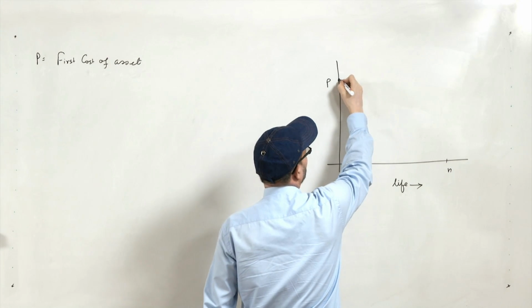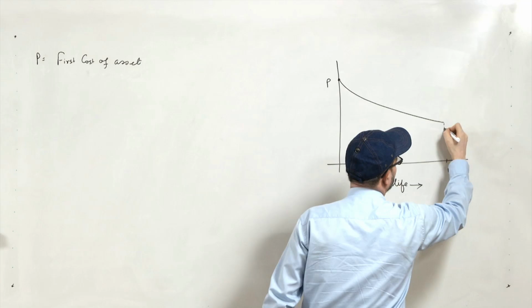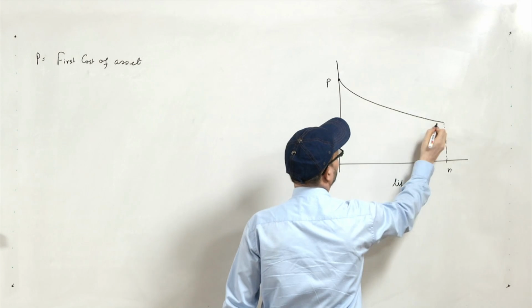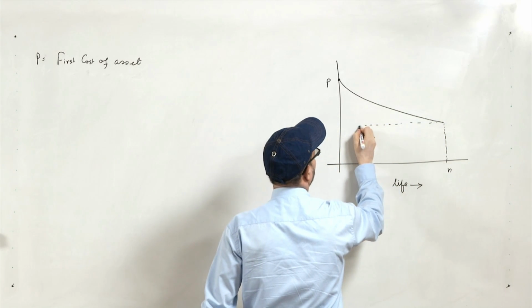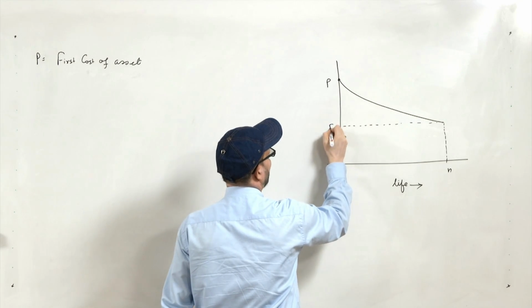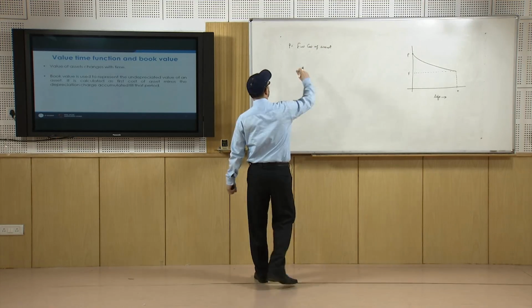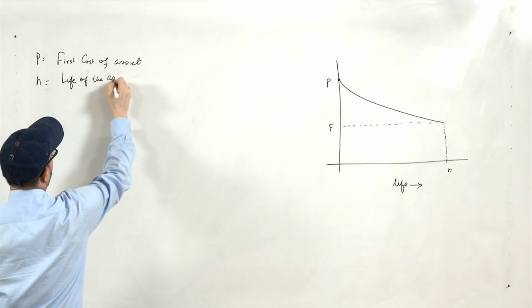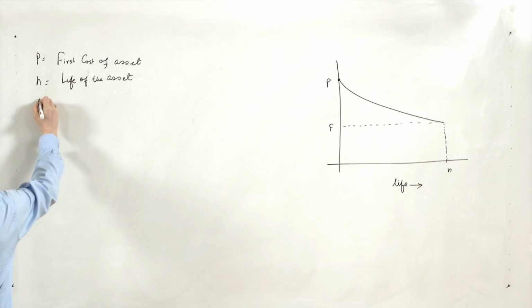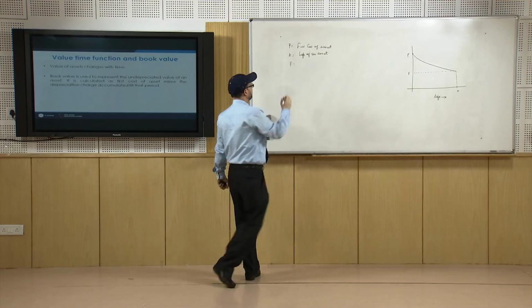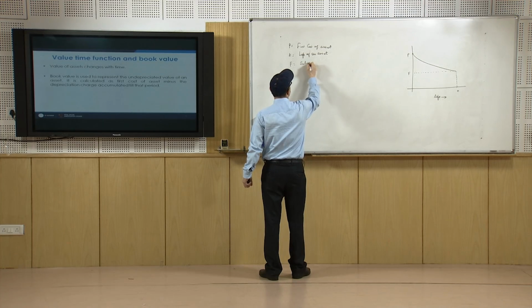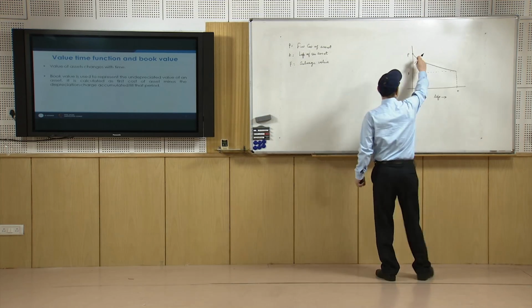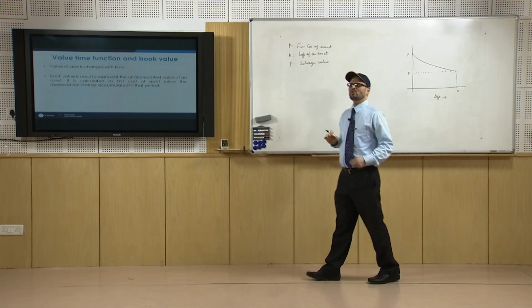The value may change, and after n years it will have a certain value. This is known as the salvage value. So, if n is the life of the asset, the value of the asset at the end of its life is known as the salvage value. As we discussed, this function can be of any type, and it is known as the value time function.